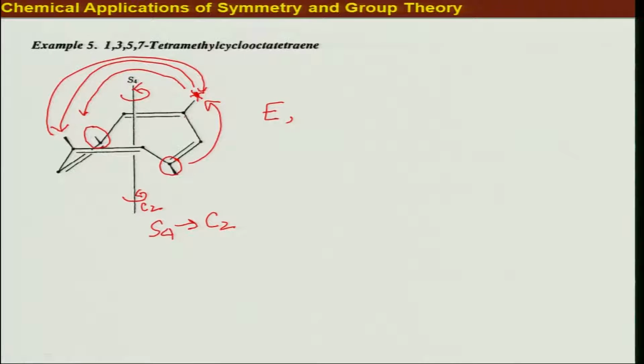So, there exists a C2, but this C2 is not a natural, not a proper axis of symmetry or principal axis of symmetry by its own merit. It is a consequence of having an even order improper axis of symmetry. So, by rule, we had this step 1, 2 and 3.